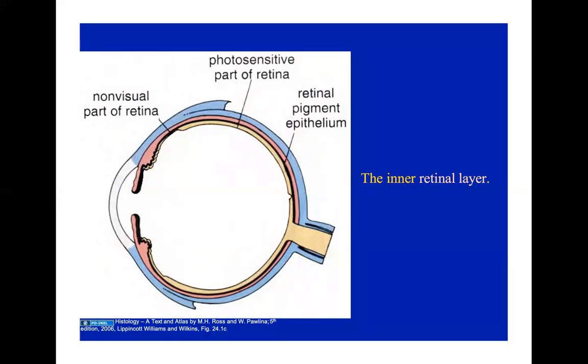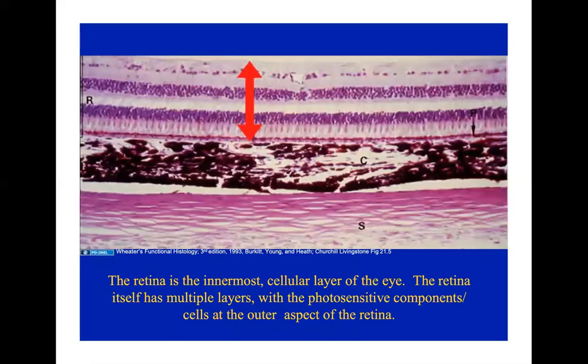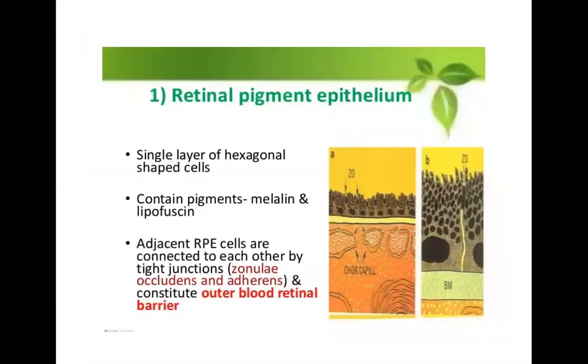So all of these are parts of the retinal layer. It is the innermost layer that is cellular, and this one is the neural layer of the eye that usually contains your rods and cones, and this one connects and sends signals to the brain. That is why the brain interprets the image that we are trying to look at.